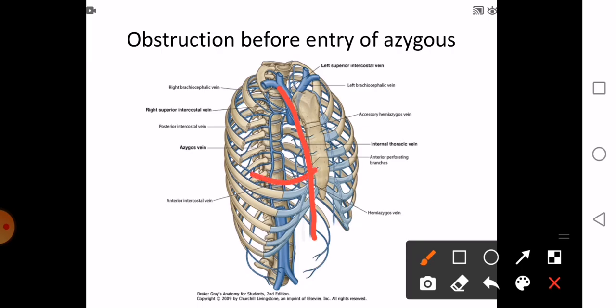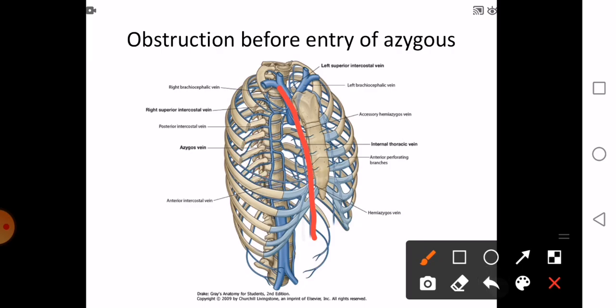We all know that the anterior intercostal vein communicates with the posterior intercostal vein, and all of us know that the posterior intercostal vein drains into the azygous.